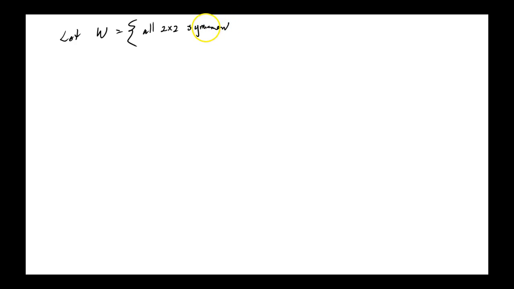Show that W is a subspace, which I'll abbreviate SS, of the vector space, VS, and this vector space is M22.